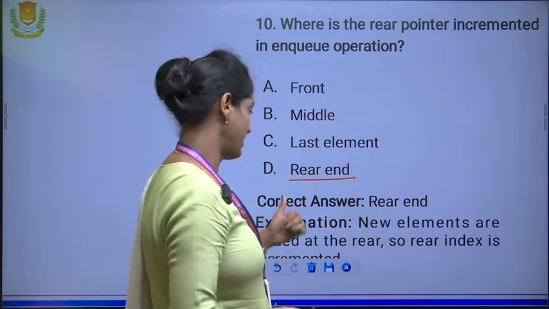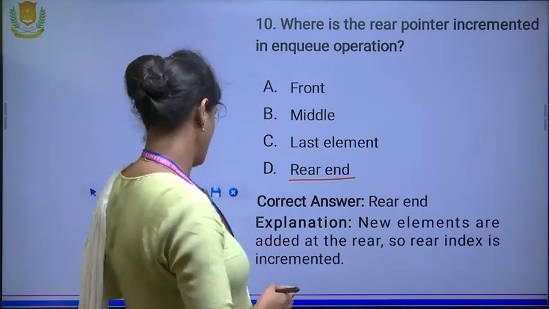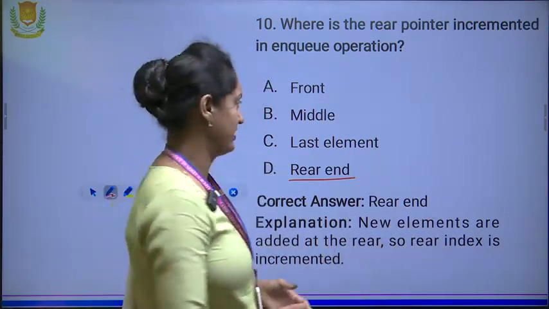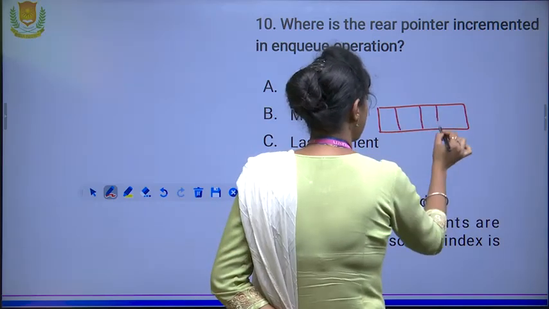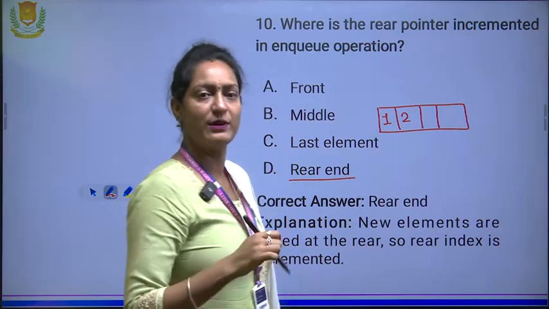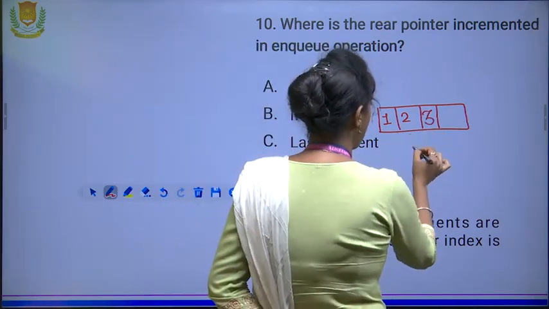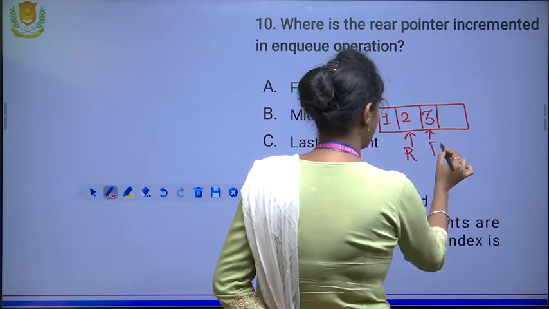That is rear end. New elements are added at the rear end, so the rear index should be incremented by 1. That means if I have a queue and I have some elements in it, maybe 1, 2, and I want to add one more element to it, so 3 will come here, and before, rear is pointing here, after a new element comes, rear is pointing here.